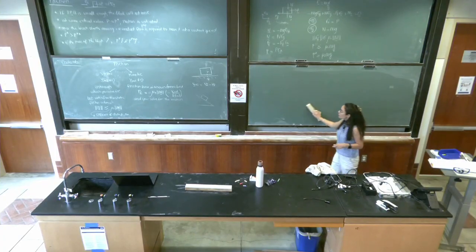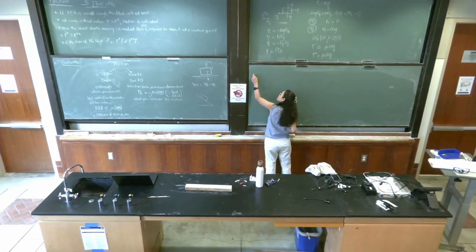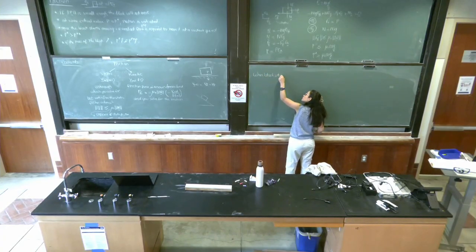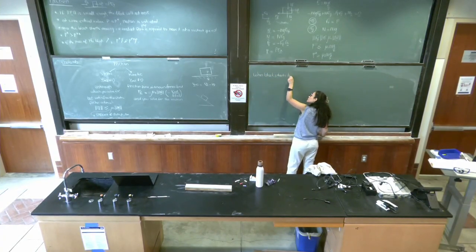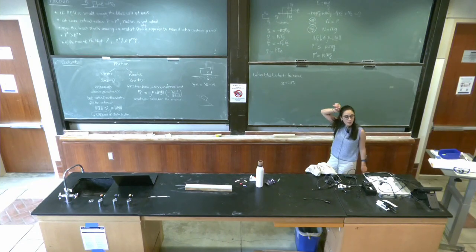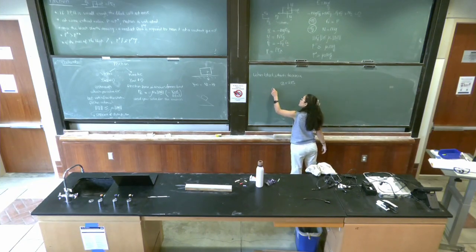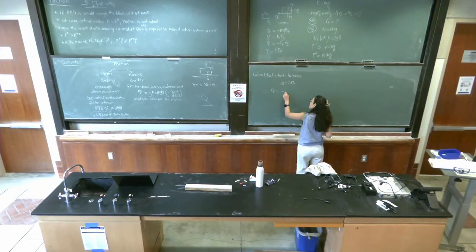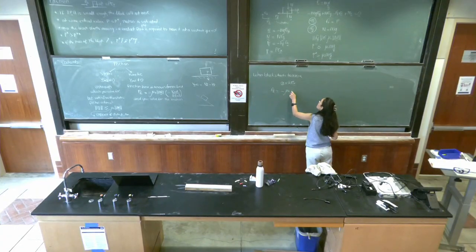Okay, so when the block starts to move, then the acceleration is an unknown, but the friction force is prescribed now. We have the same free-body diagram as above. It's minus mu_k N, the normal force is the same, mg.